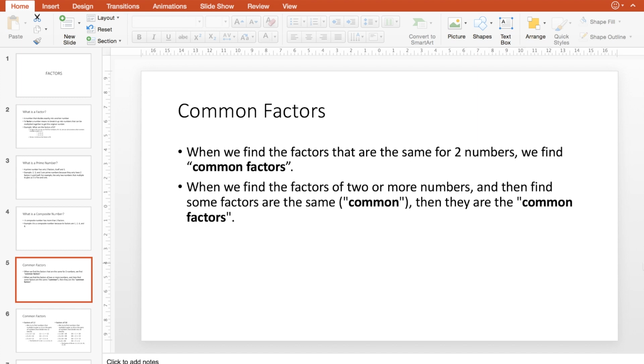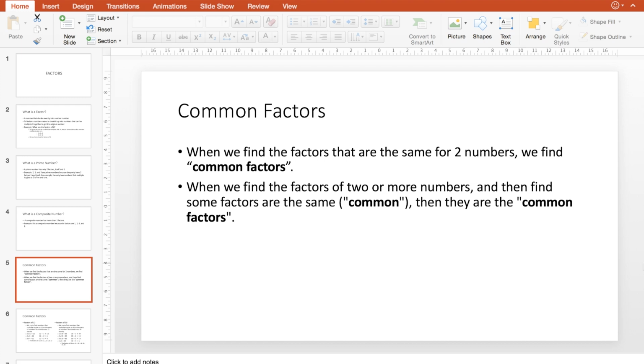So basically, when we find the factors of 2 or more numbers, and some factors are the same, in other words common, then they are the common factors.